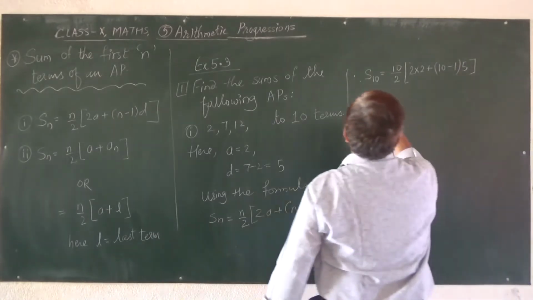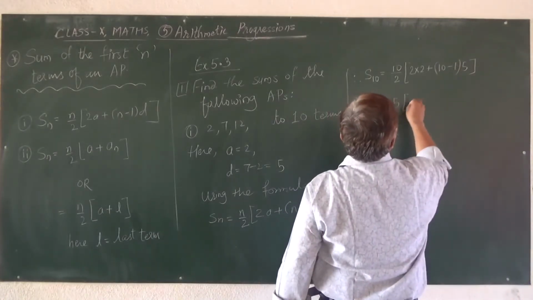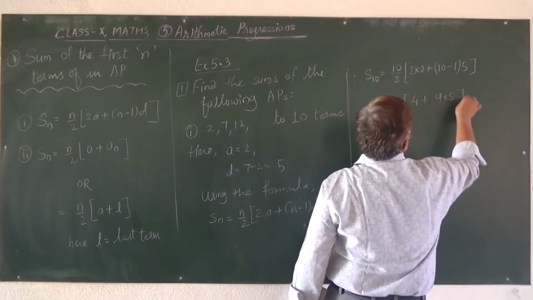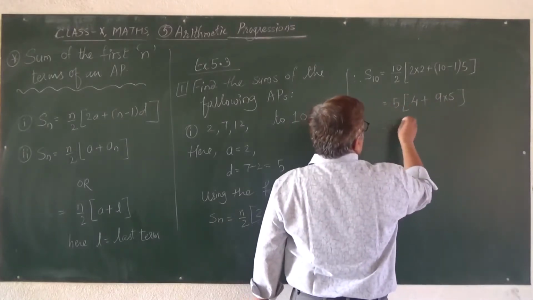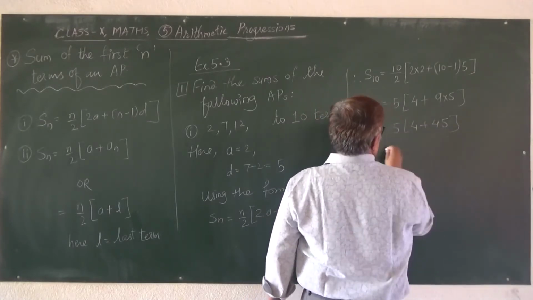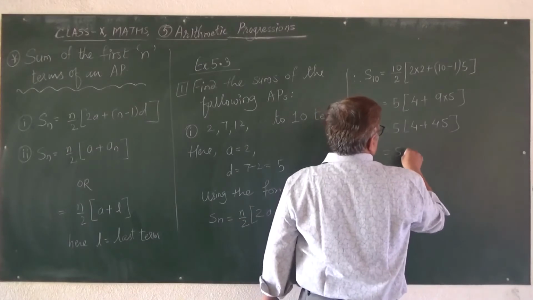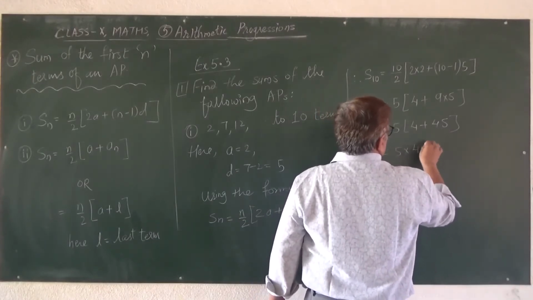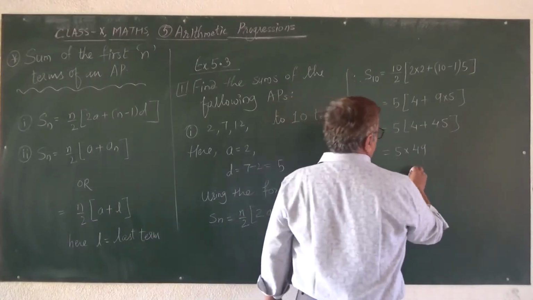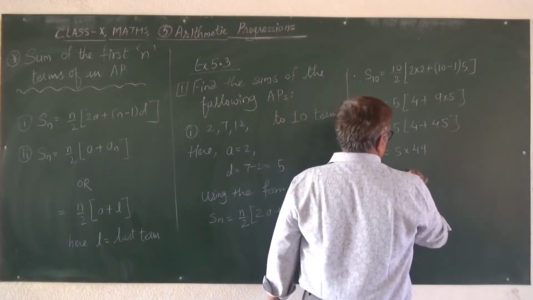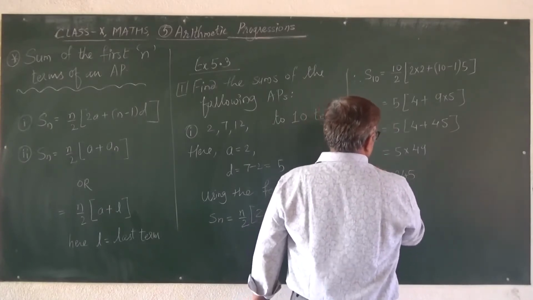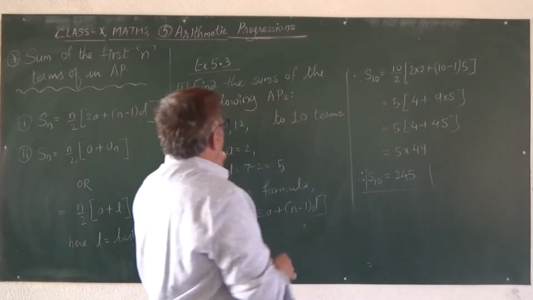So 2 twos are 4, 10 minus 1 is 9, 9 into 5 is 45. So 4 plus 45, therefore the sum of the first 10 terms of the given AP is 245.